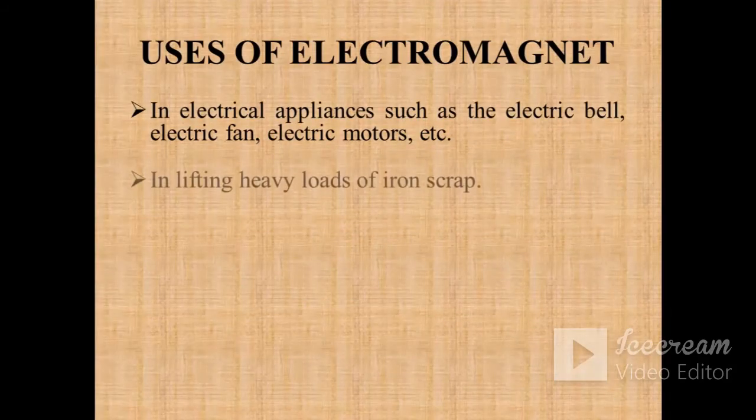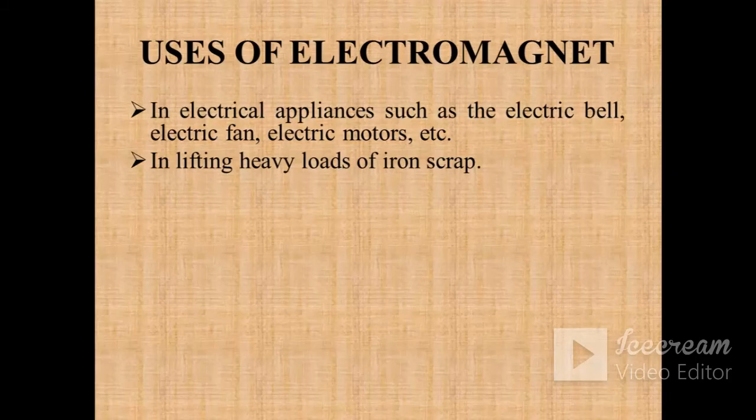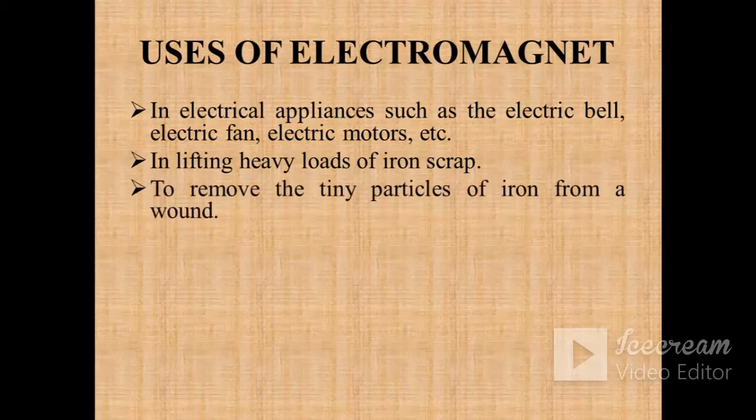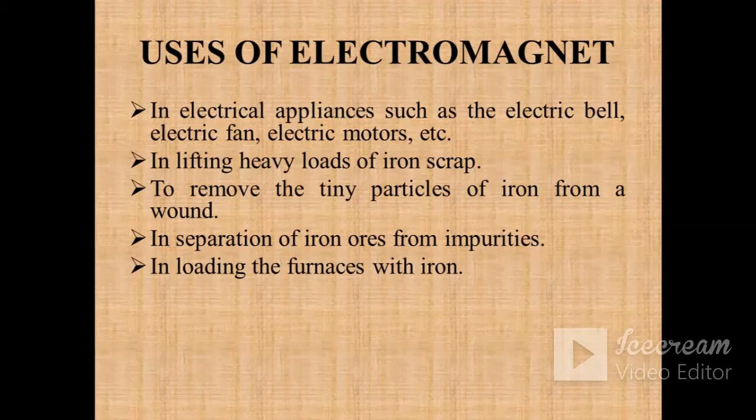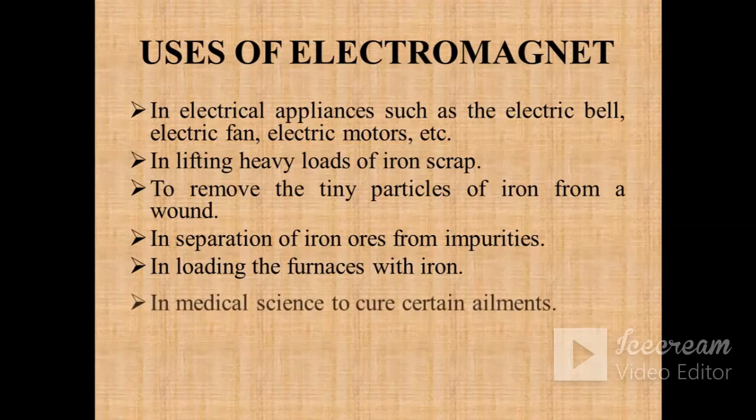Among the many uses of the electromagnet, it is used in electric appliances such as electric bell, electric fan, in lifting heavy loads of iron scrap, to remove tiny particles of iron from a wound, in separation of iron ores from impurities, in loading the furnace with iron.